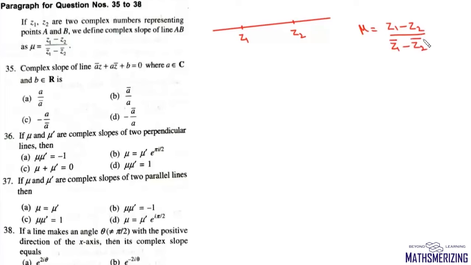Now we need to find complex slope of this line, which is A bar Z plus A Z bar plus B equals 0.